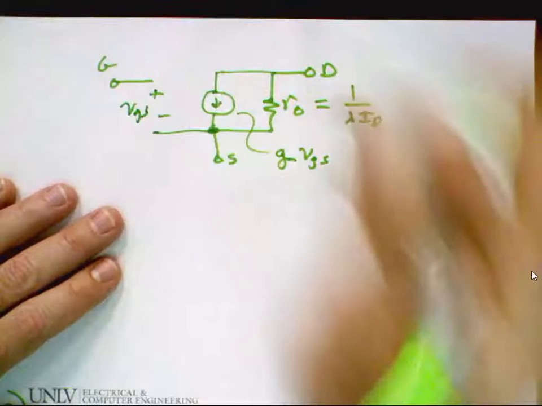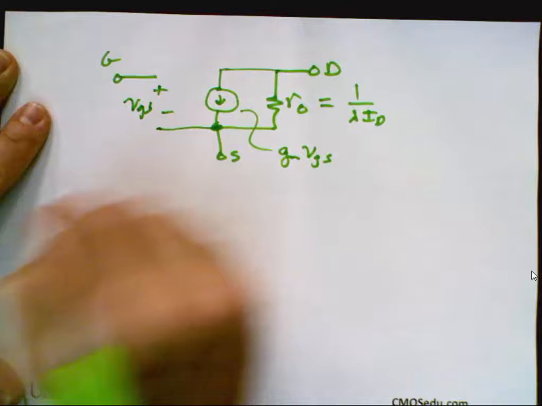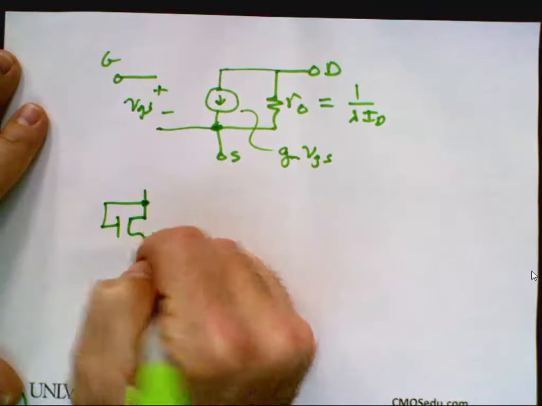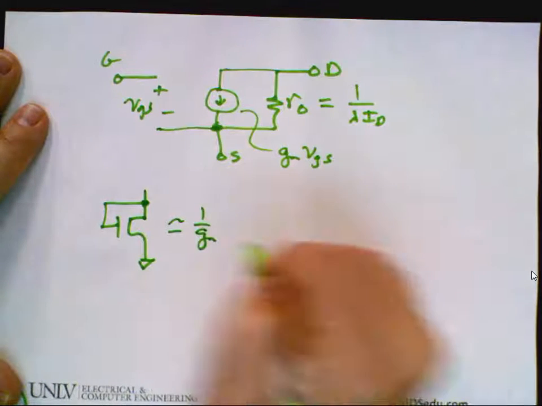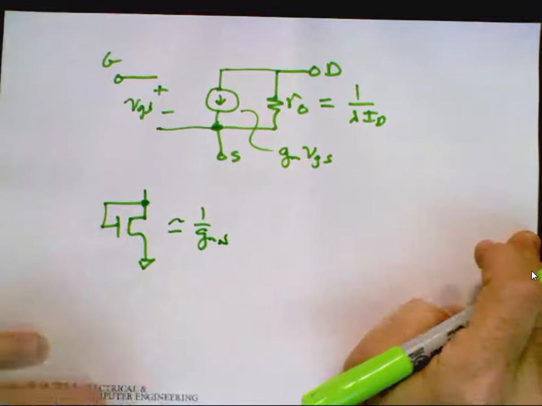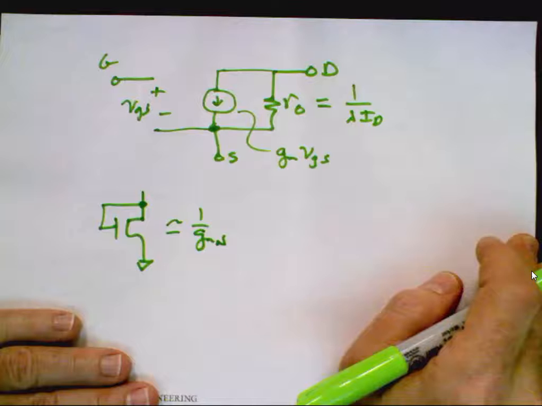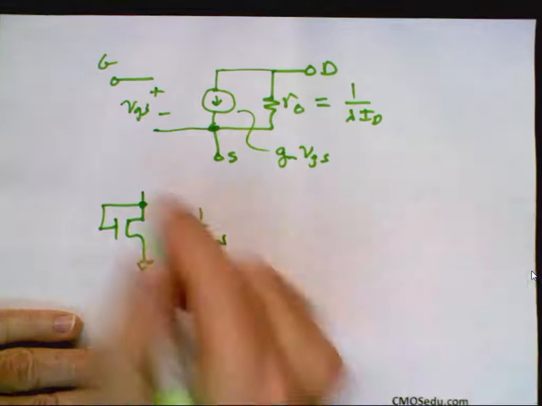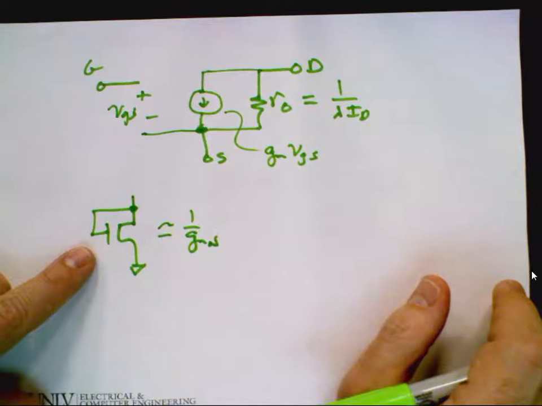VGS. Now in a moment I'm going to put capacitors in there, but before I do that, I want to prove that a gate drain connected transistor has a small signal resistance that's approximately 1 over GM. So I want you to tell me how to prove that. Okay, let me make a mistake. Say I give you this on a take-home test or quiz or something. I say, prove that the gate drain connected transistor has a small signal resistance of 1 over GM.